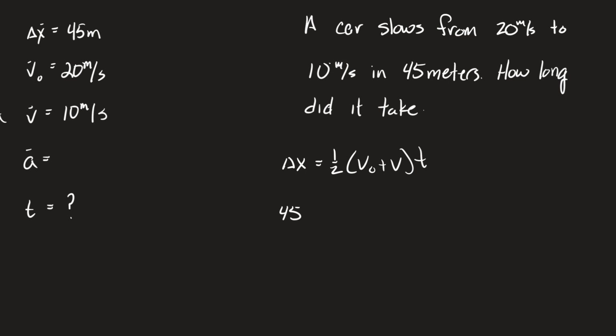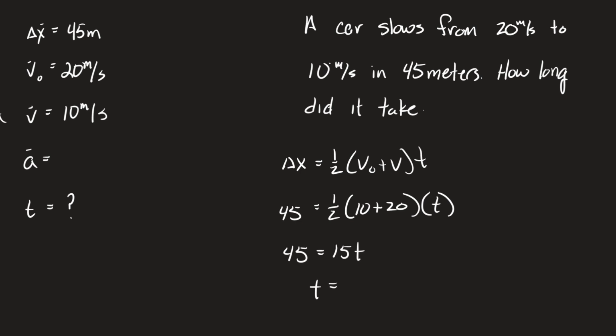Put my 45 equals 1/2 times 10 plus 20 times t. All right, well, let's see if we can do this. 10 plus 20 is 30. Half of 30 is 15, so I get 45 equals 15t.